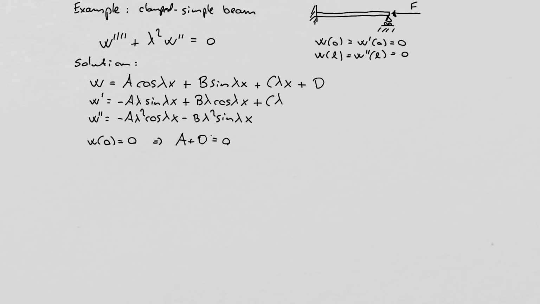So far so good. W prime of x equal to 0 is also equal to 0. Now inserting that, we get that B lambda plus C lambda equal to 0, meaning, of course, also that B plus C equal to 0.